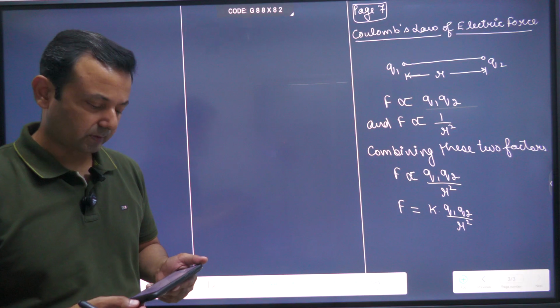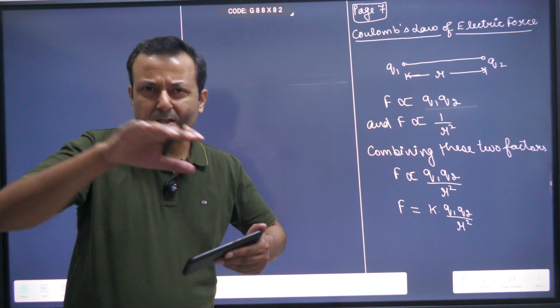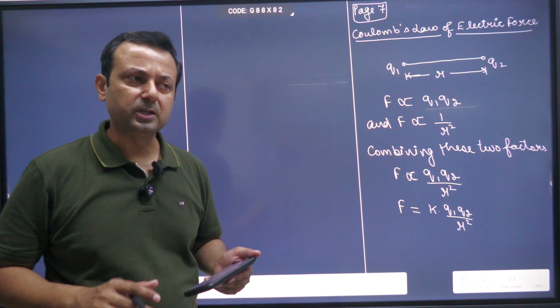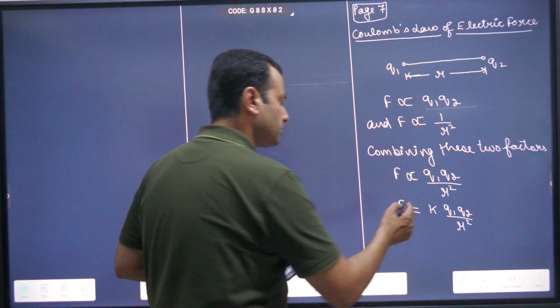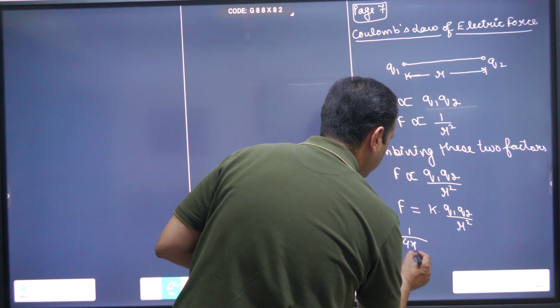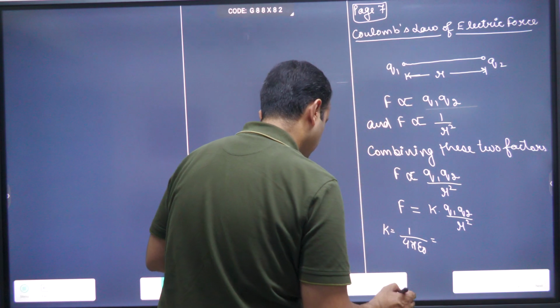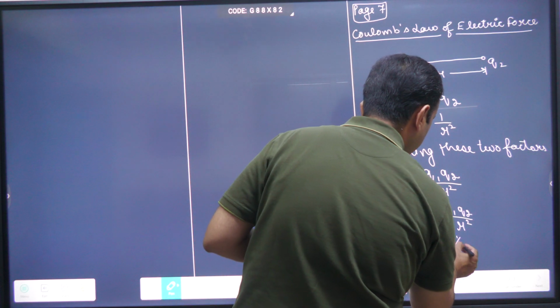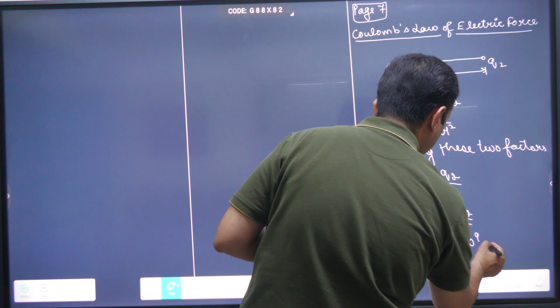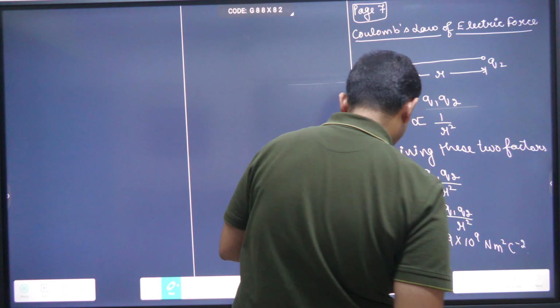In SI units, whenever the two charges are located in free space, means in air, we take this constant K equal to 1 upon 4 pi epsilon naught. Its value is 9 into 10 to the power 9 Newton meter square per Coulomb square.